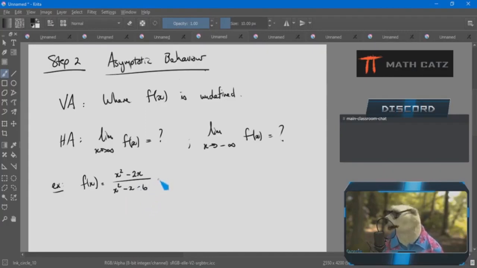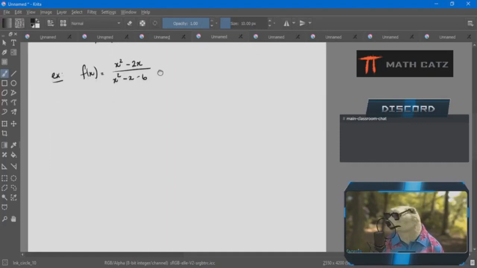So, for the most part, I'm mainly looking for situations where I have a fraction and I'm dividing by 0, where the top is not 0 technically. So in this case, to better see that, I want to factor. So I'm going to take an x out for the top and be left with x minus 2.